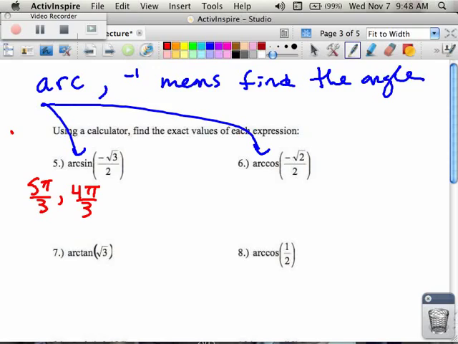Yes. So now I'm looking for the ones that are negative root 3 over 2's, and that'd be at 4 pi over 3 and 5 pi over 3. Do you see that? Good. So these are the two answers I should write down, and both are incorrect.